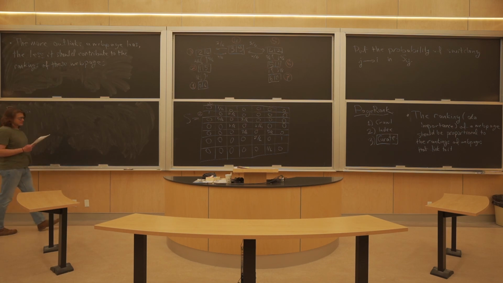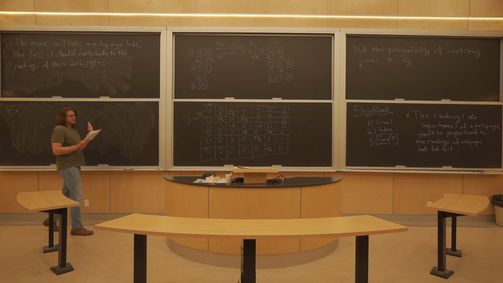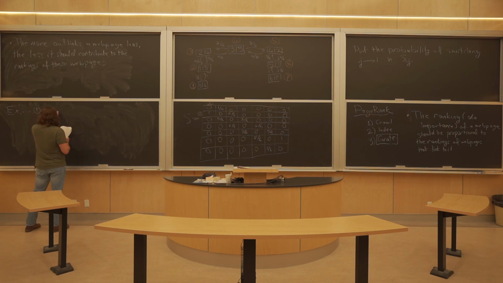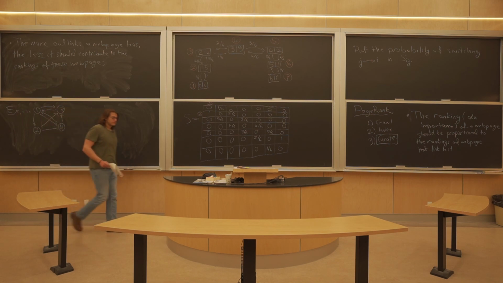So here's a network of web pages consisting of 4 web pages. So I have 1, 2, 3, and 4. And this is how it looks like.